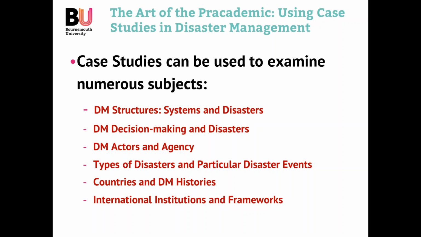And it actually comes from the fact that you might be looking at particular countries because they have differing disaster management histories. So we often look at the Philippines as a country case study because it has a large experience of different types of disasters. The Philippines is often called the supermarket of disasters because it's within the ring of fire.